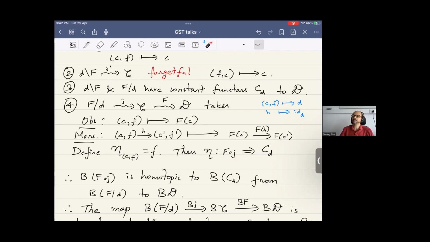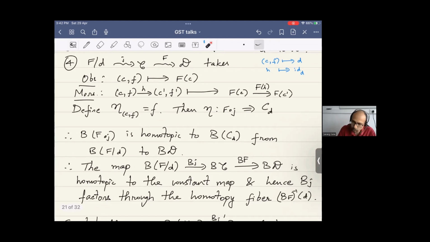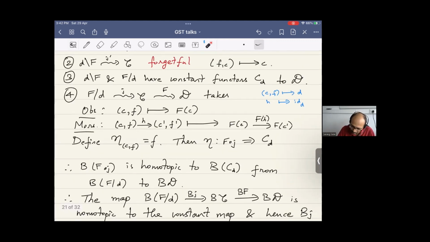And as we know, natural transformations were very crucial in this classifying space business, because when we go to classifying spaces, we get that BF compose BJ is homotopic to BCD. But what is CD? When you go to classifying spaces, this functor takes the entire category f comma d to the singleton point d.